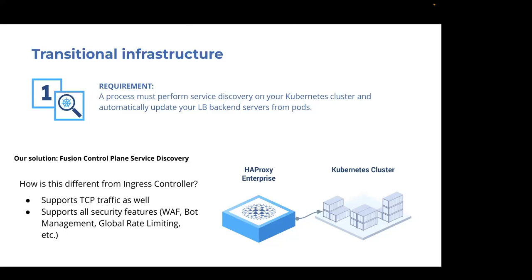And on top of that, and this is important for some of our bigger customers, it supports all of the security features that you might need from a load balancer, whether that's global rate limiting, bot management, or web application firewall. It's a standard HAProxy instance, just like you're used to outside of Kubernetes. The only difference is that the backend servers are now automatically configured from the service discovery using the control plane.